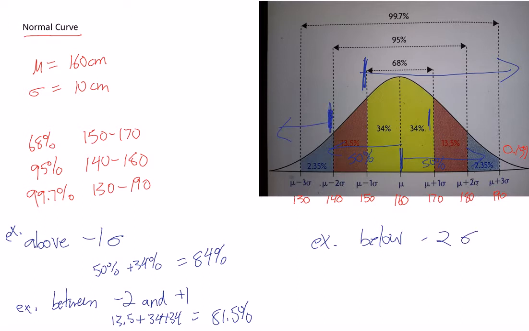We have 95% in between, plus that 2.35, so that gives us 97.35. So we can just do the opposite. We can go 100 minus 97.35, and that would give us 2.65. Okay, so as long as our data is right on the standard deviation lines, we can use this graph and this chart to help us figure out any kind of percentage. And that's it.